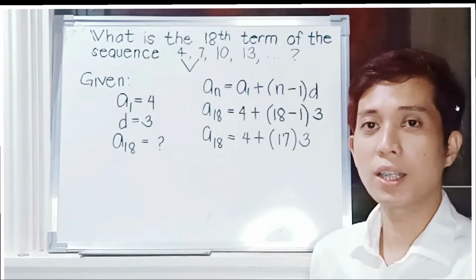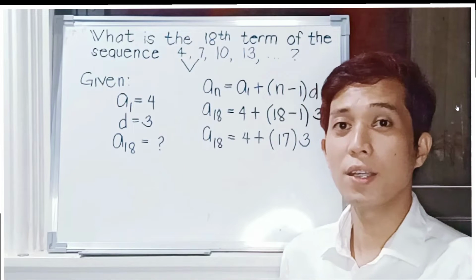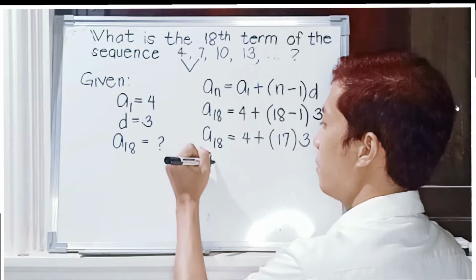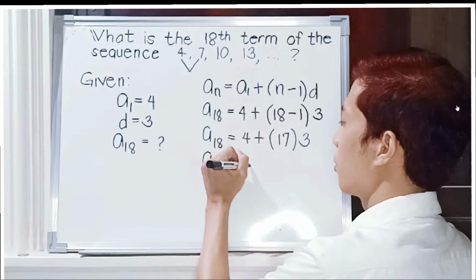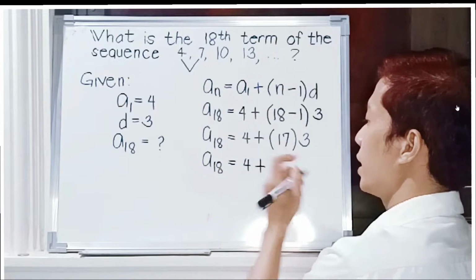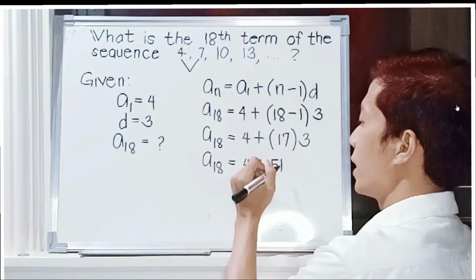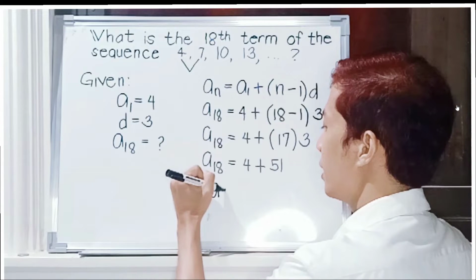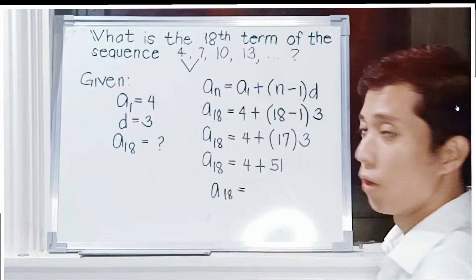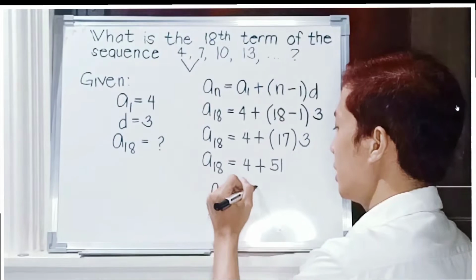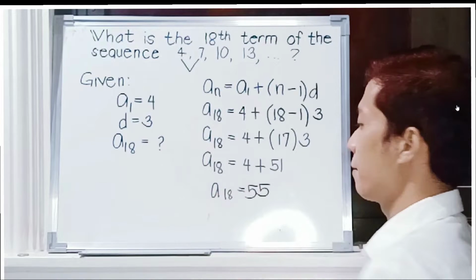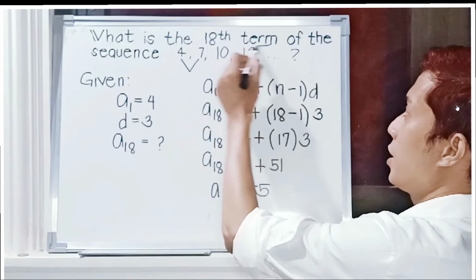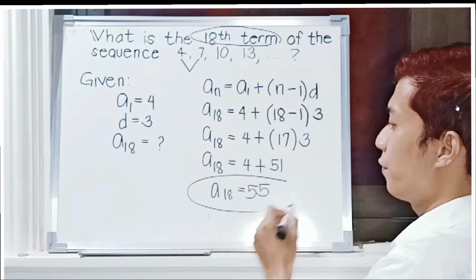What is 17 times 3? Correct. 17 times 3 is equal to 51. So a sub 18 is equal to 4 plus 51. Last step, add na lang natin to. Definitely, that is equal to 55. Therefore, a sub 18 is equal to 55. The 18th term of our sequence is 55.